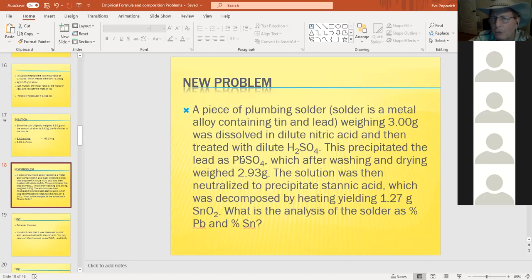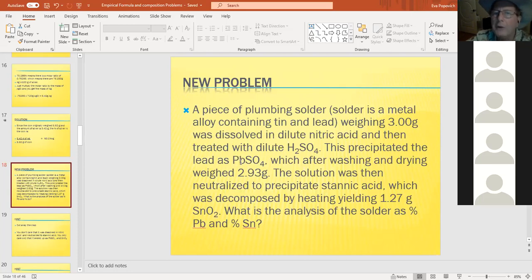Do you know how much the lead sulfate weighs? You said like 94 plus 20 something. No. I'm sorry, you jumped back and forth a couple times. All right.